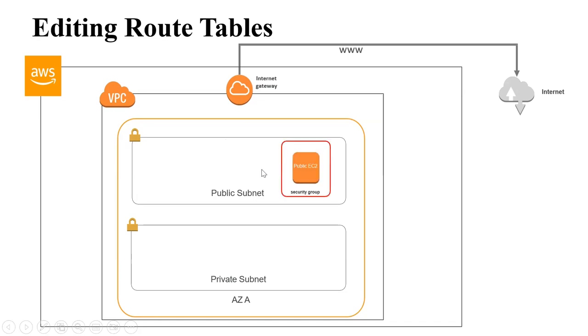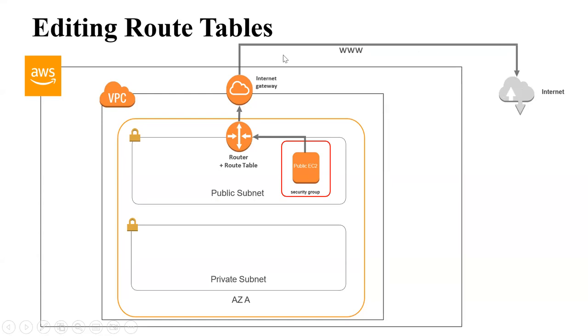Suppose I launch an EC2 instance in the subnet, do we get internet? No, we don't. We need to use a routing table and associate it with the public subnet. That means the resources launched in the public subnet should be routed through the internet gateway.